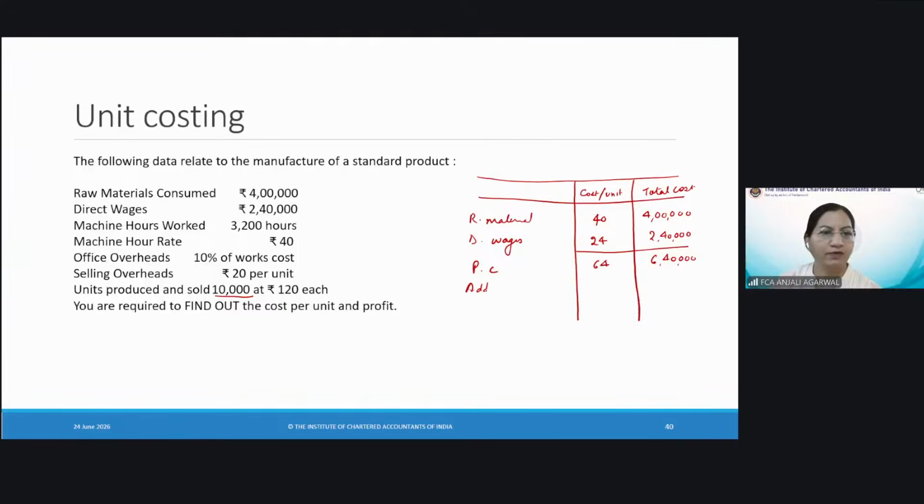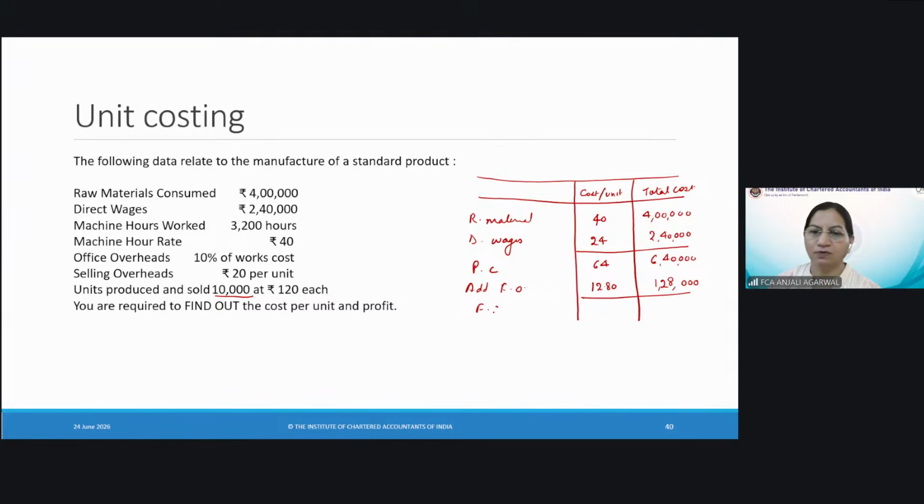Add factory overheads. So it's saying 3,200 hours are worked and 40 rupees is the machine hour rate. So it will come out to be 1,28,000 divided by 10,000, 12.80.